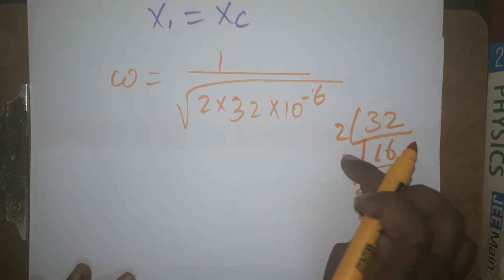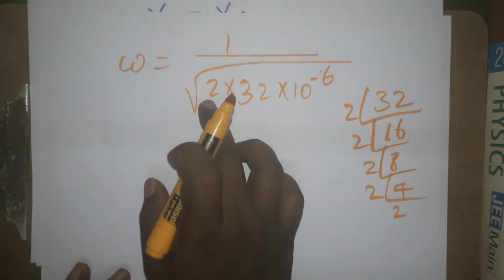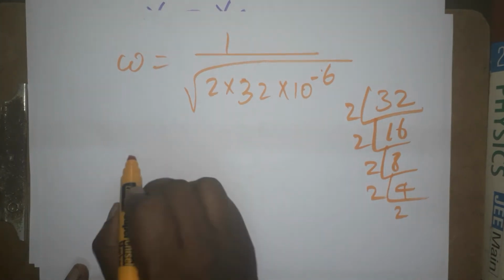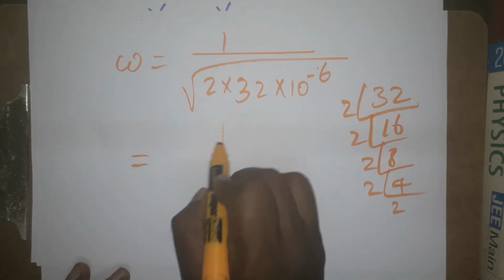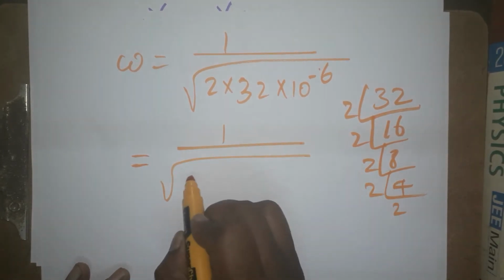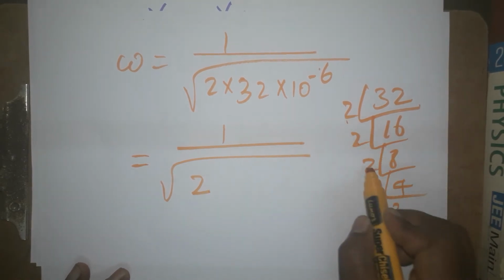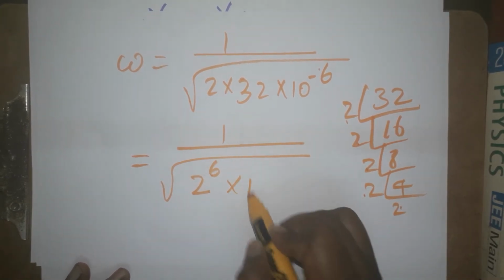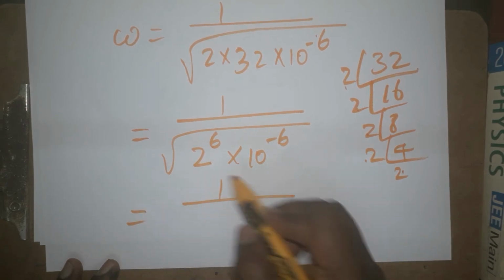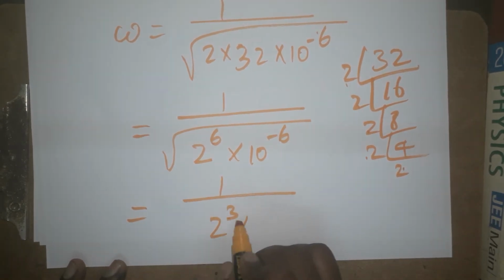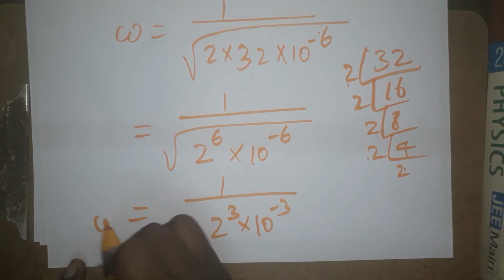So we have 2 power 6 into 10 power minus 6. After the square root, we will have 2 power 3 into 10 power minus 3.